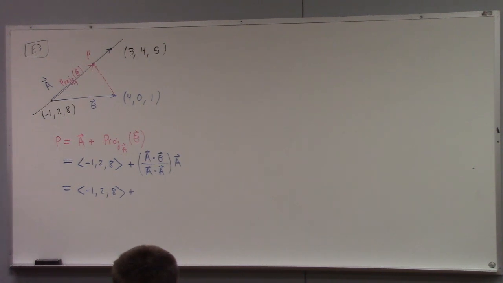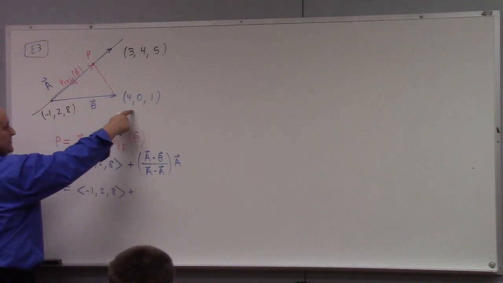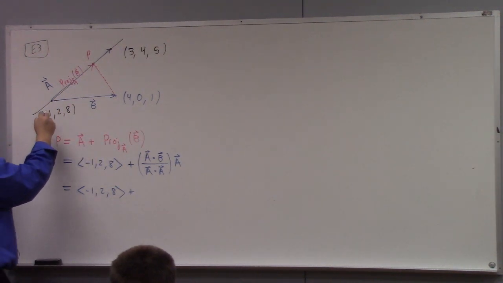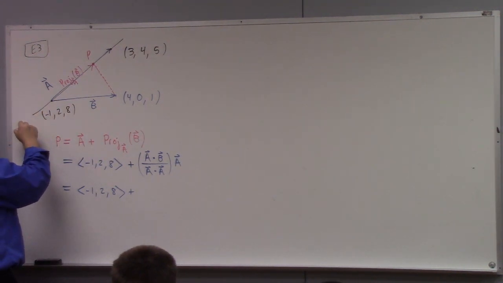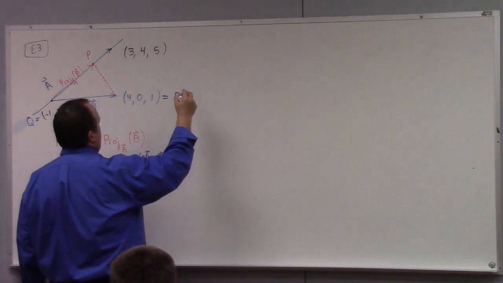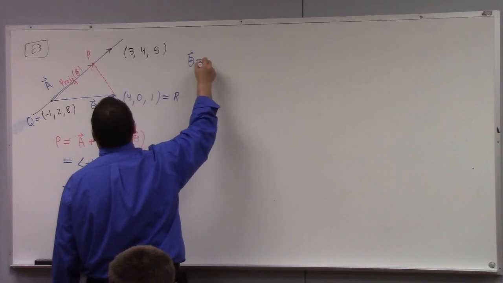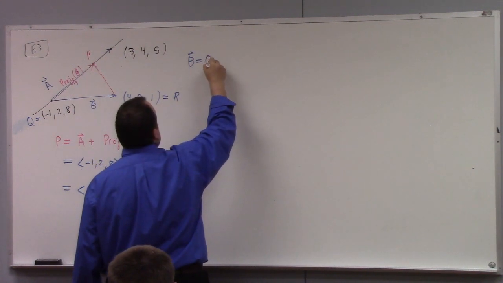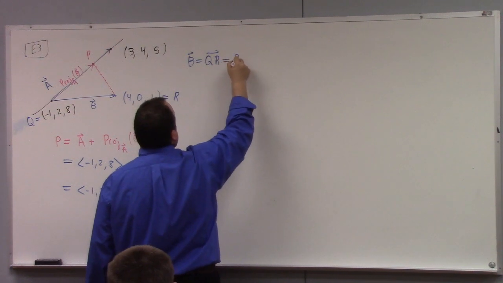That's a good question. Now what is B though? We need another idea for B. You might think B is just (4, 0, 1), but you'd be wrong. That's not what B is. B is the directed line segment from (-1, 2, 8) to (4, 0, 1). Let me call this point Q, and we'll call this point over here R. Notice that the vector B is, what we really want is the QR vector, which we have a formula for.